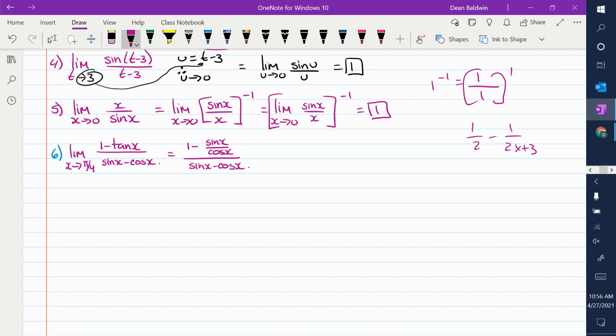Cosine. It's just this. So you're going to get, I'll write it out step by step. All I did is this one, I multiplied top and bottom by cosine.